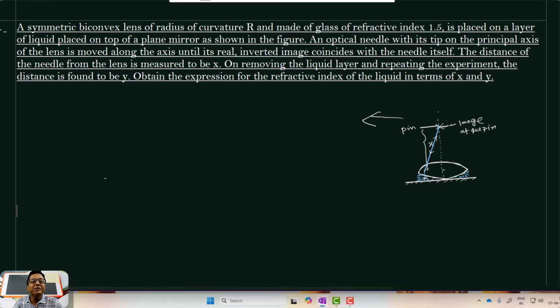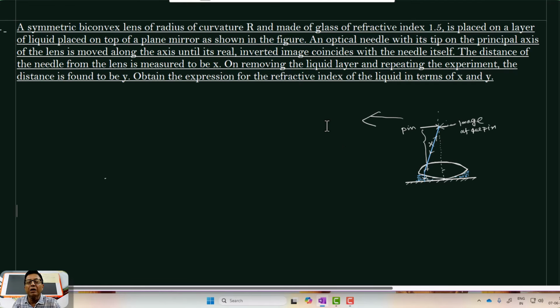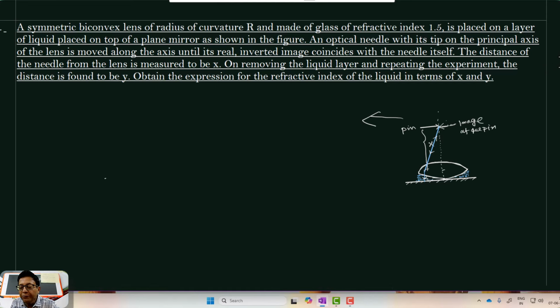A symmetric biconvex lens, of given radius of curvature, is made of glass of refractive index mu equal to 1.5, placed on a layer of liquid placed on the top of a plane mirror. This is the plane mirror.